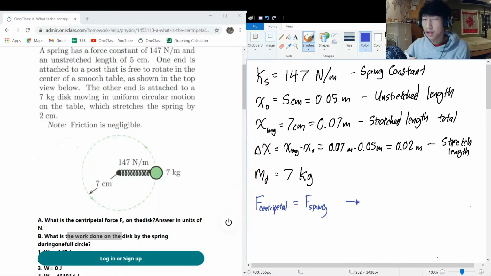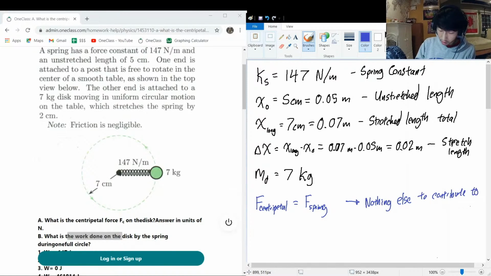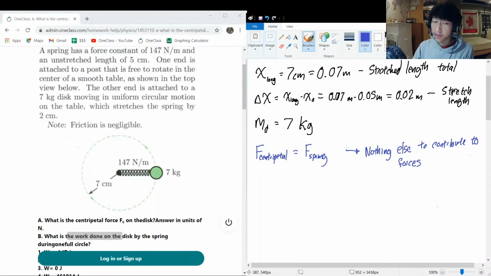And we know this because, just looking at the diagram, there's nothing else that could really contribute to forces. Okay, now that we know that the centripetal force is completely made up of the spring force, we just need to calculate the spring force.